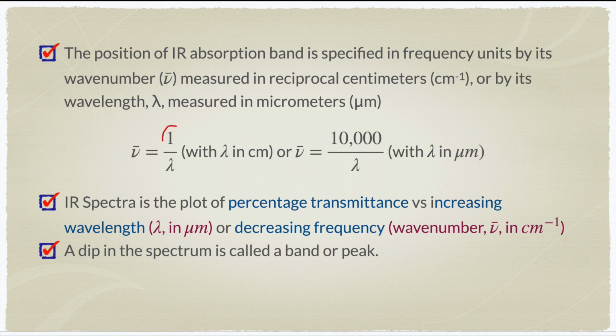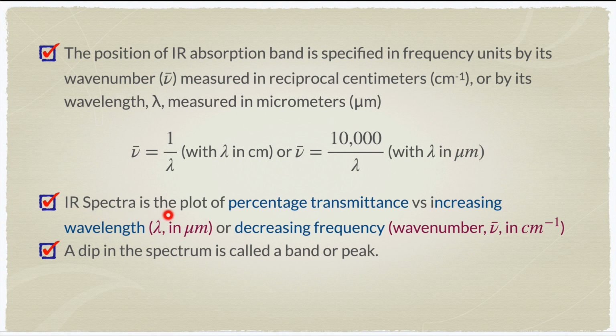If you remember, this will be c, but then the relationship is still similar. Okay, the frequency is inversely proportional to the wavelength. Now the unit of the wave number is centimeter inverse, or you can call it reciprocal centimeters.